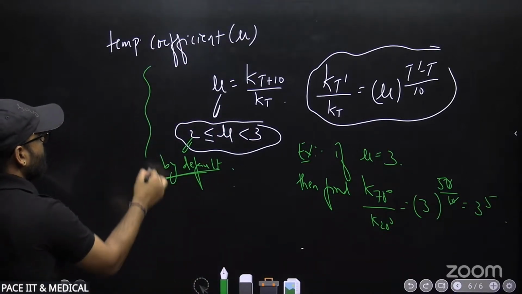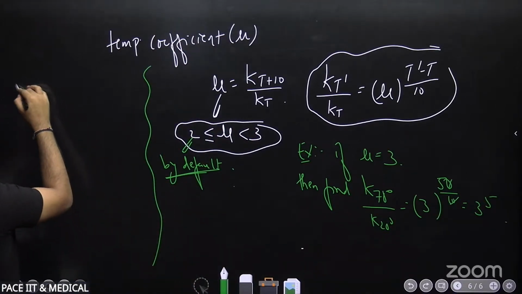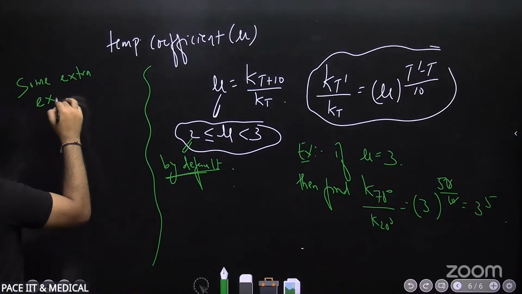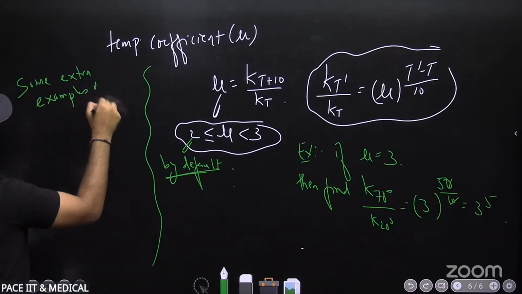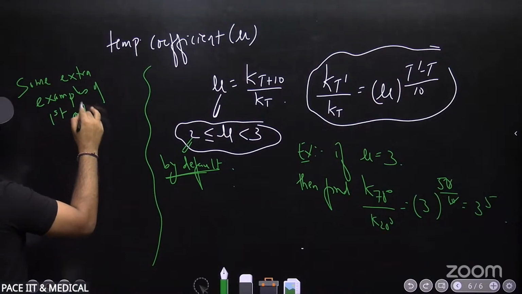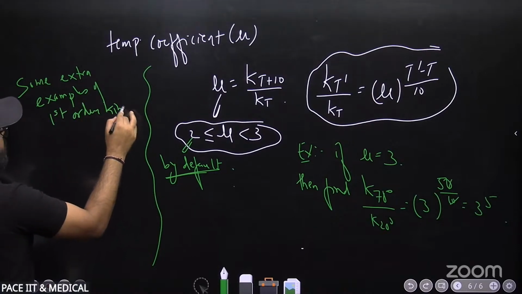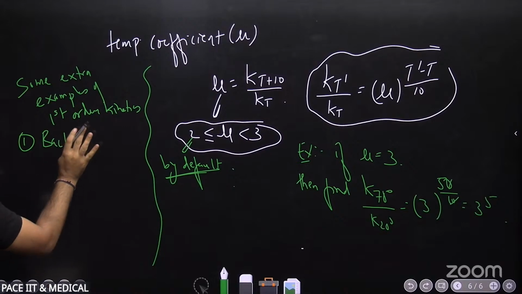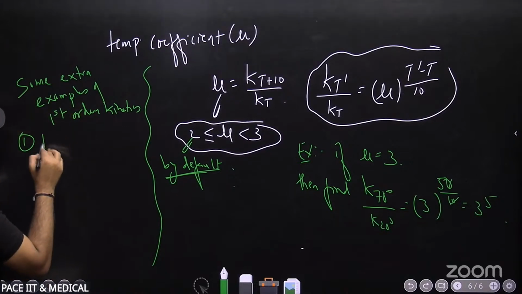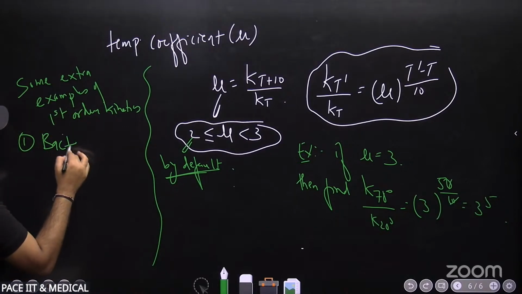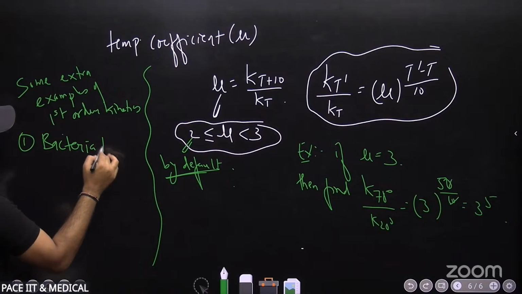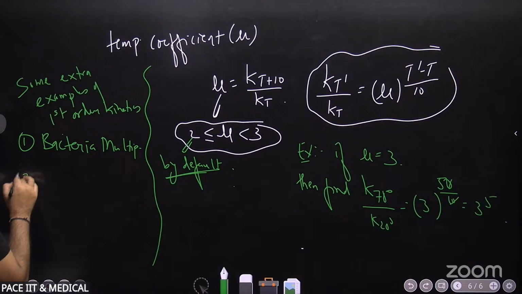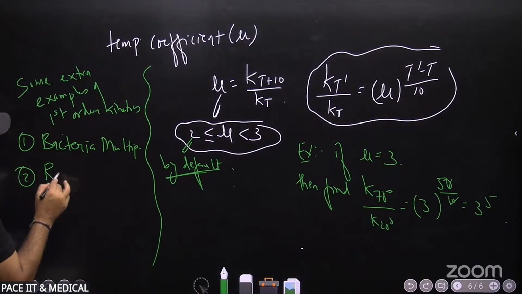Some extra examples of first order kinetics. First, bacteria multiplication: the bacteria that form in milk, by which milk becomes curd, that bacteria multiplication is first order kinetics. Second, radioactive disintegration.